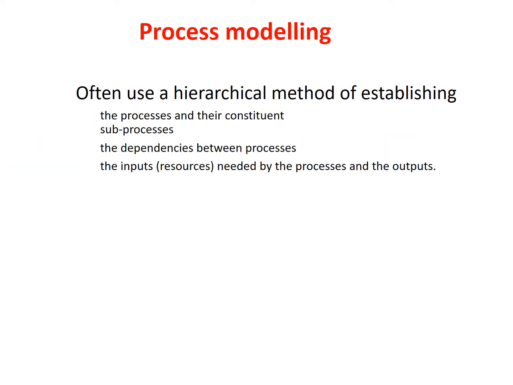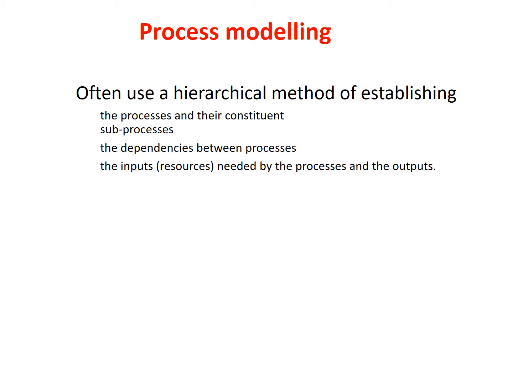Process modeling often uses a hierarchical method of establishing the process and other constituent parts: sub-processes, the dependencies between processes, the inputs, the resources needed by the processes, and the outputs. So we're talking about a hierarchical method of establishing these processes.